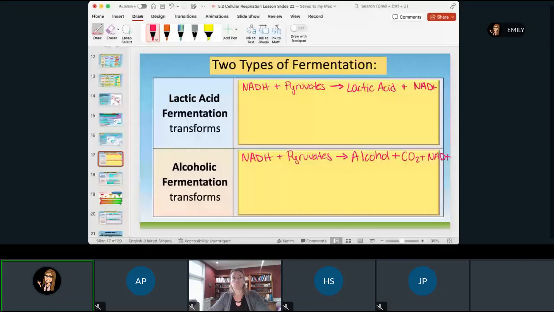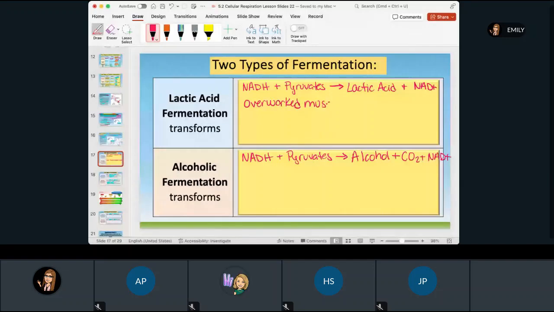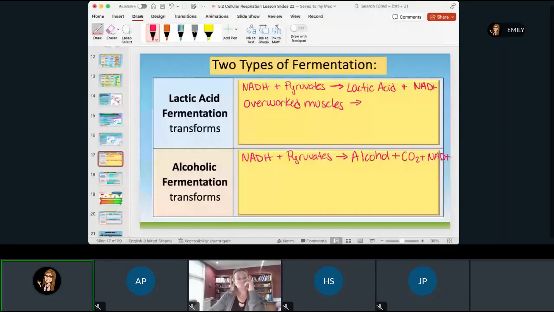Now, lactic acid, we'll finish out lactic acid first, and then we'll come back to alcoholic fermentation. So lactic acid occurs in overworked muscles. And that's why you have the initial burn and soreness.